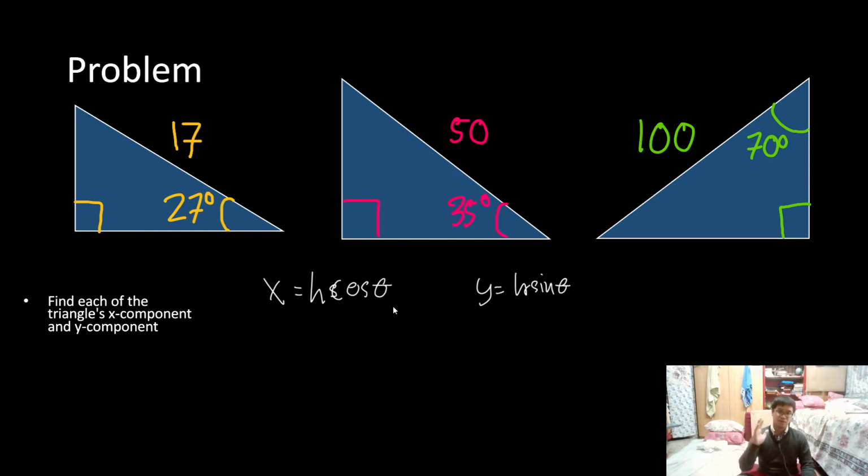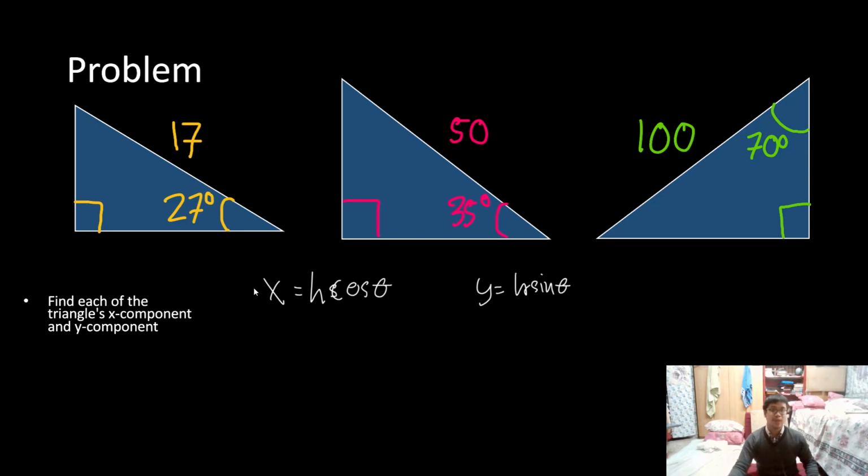So this one by far is the easiest. All you need to do is just get a calculator. So let's give it a try on this leftmost triangle. Your hypotenuse here is 17 and the given angle here is 27 degrees.